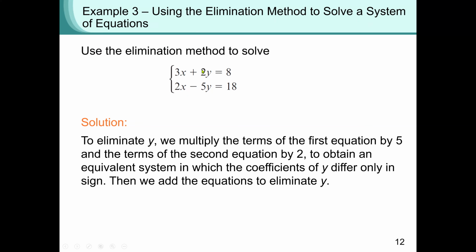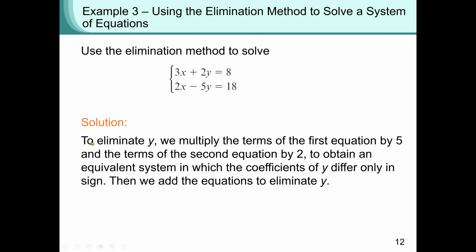Again, it doesn't matter whether we take x out first or take y out first. Here we decided to eliminate y first. In order to eliminate y, I will multiply the first equation by +5 and the second equation by +2. So I'll get +10y and -10y, and they will cancel each other.